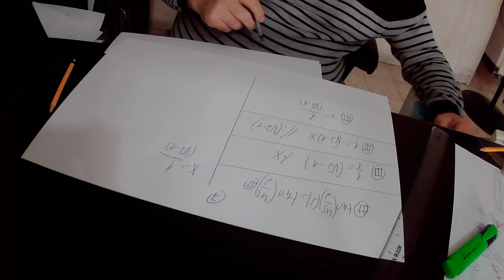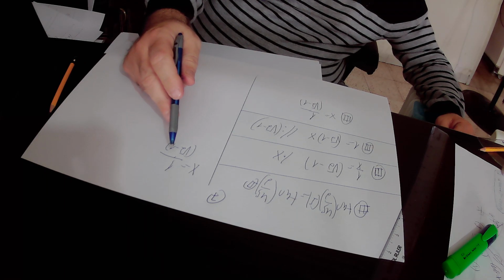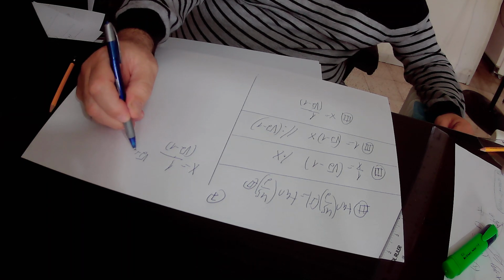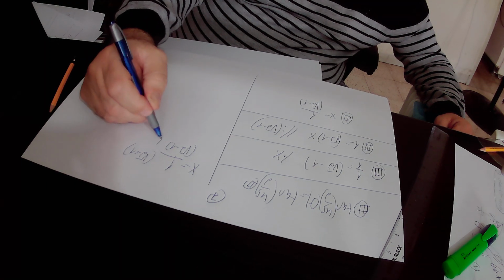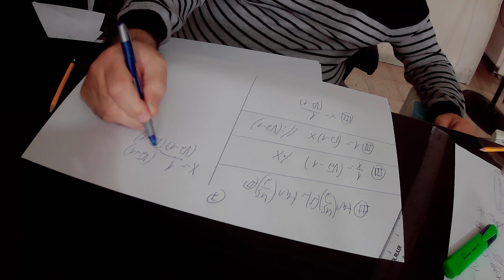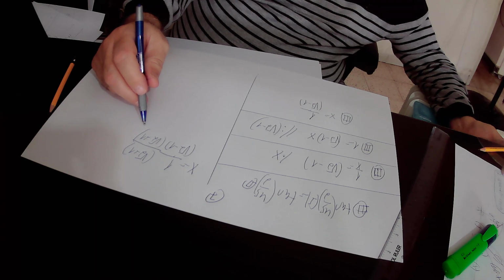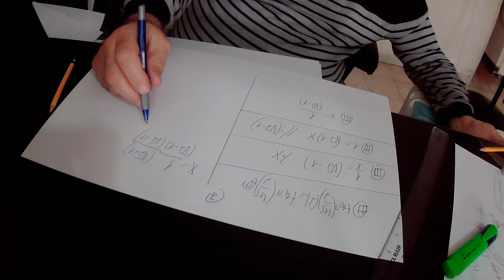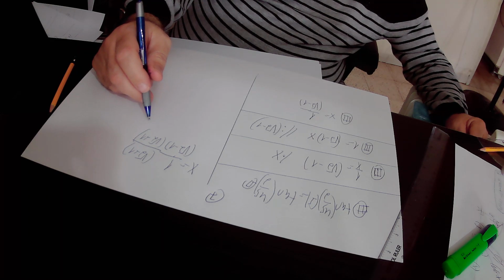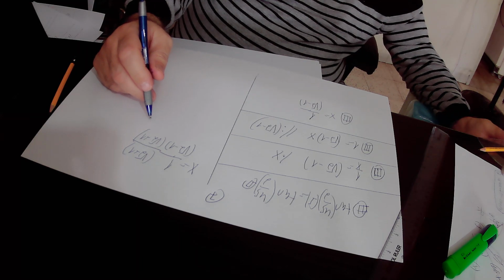Okay, so here we'll multiply this side of the equation by the square root of 2 plus 1, and then we'll divide it by the square root of 2 plus 1. The square root of 2 plus 1 over the square root of 2 plus 1 is 1, and it is allowable to multiply anything by 1. You don't change the value of the expression when you multiply it by 1.